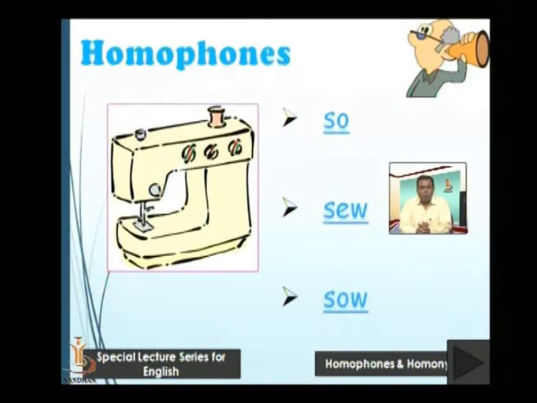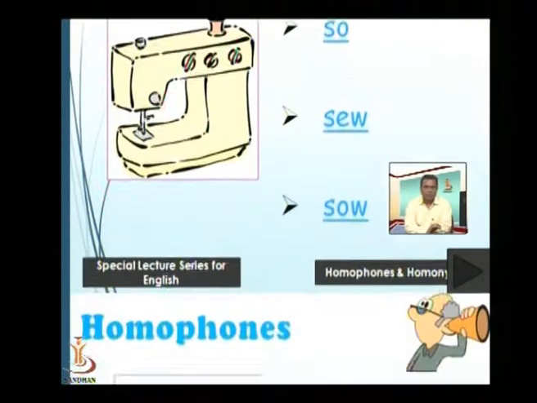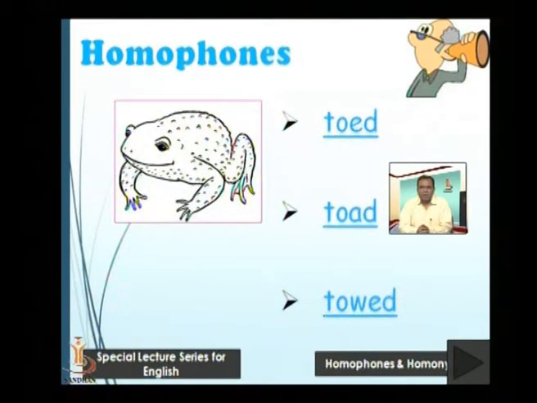And the third is sow, sowing seeds. Farmers, when they are preparing the farm, sow seeds of a particular crop. So sow is used there. Then toad and towed is another example.